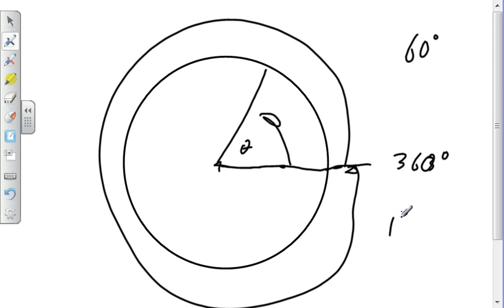And then 1 degree turns out to be 1/360th of the circle of the complete rotation. And then we don't necessarily have to have degrees. We can have degrees have minutes. So 1 degree has 60 minutes.